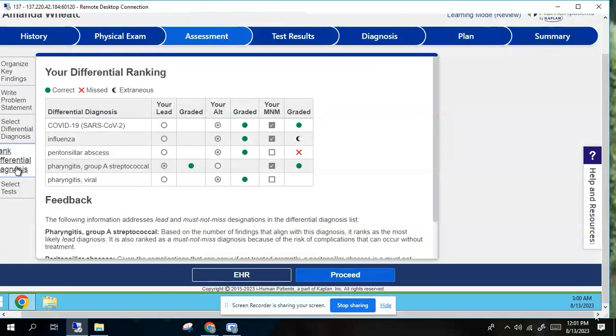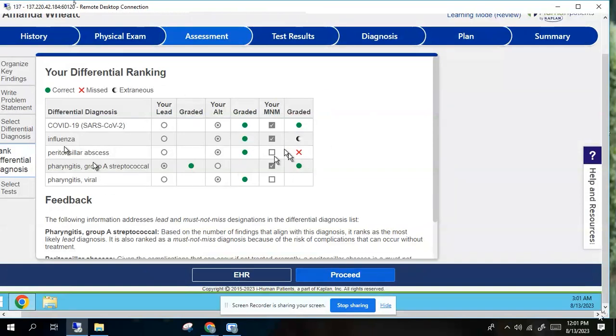Now I ranked, and then I missed the peritonsillar abscess. I think I scored half a mark. I was supposed to include it. It is a must-not-miss, it is a requirement, but I missed it.